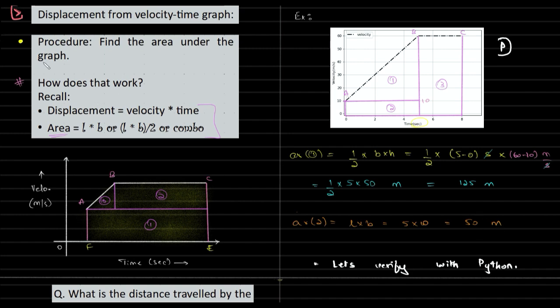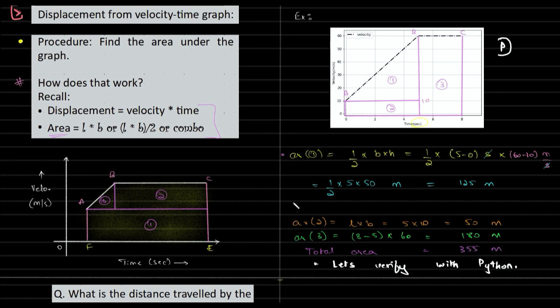And we have the area under region 3. Here the length is 8 minus 5, and the height is 60 minus 0, that is 60. So this will be 3 into 60, that is 180 meters. So the total area is 355 meters.